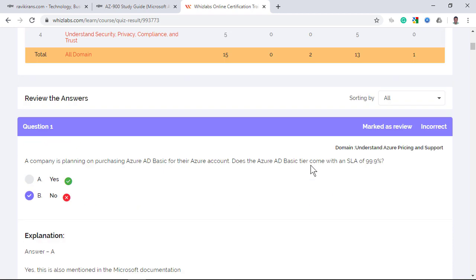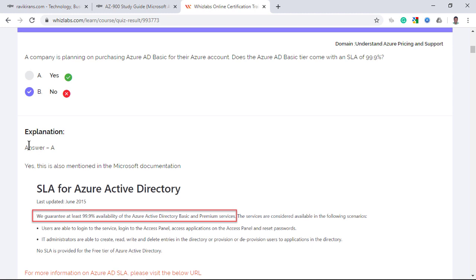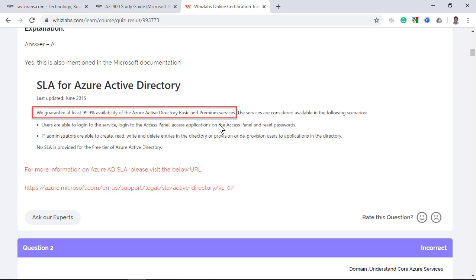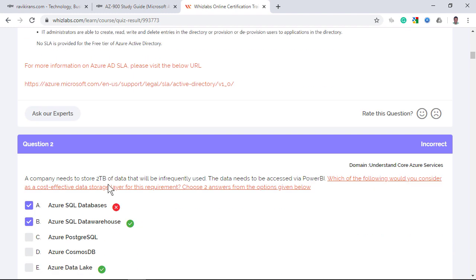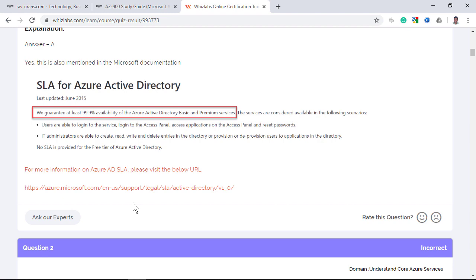But one thing I really like about the Whizlabs test is that if you come down, for each question there is an explanation of why it is the correct answer and why the wrong answers should not be selected. With that, you also get a link to the Microsoft official documentation, so you can go and read more if you're really interested.